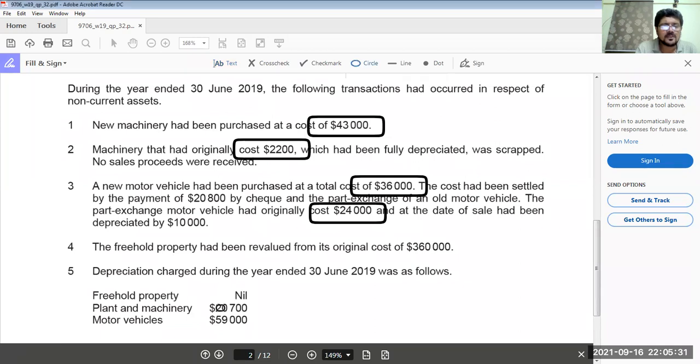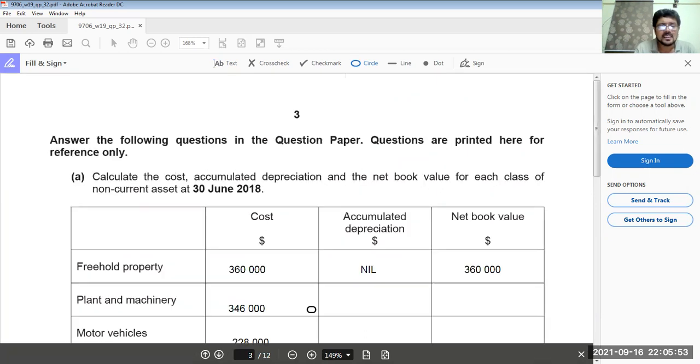Now we have to add back this depreciation of plant and machinery, 20,700. So that makes 200,500 plus 2,200 minus 20,700. The answer is 182,000. So it means 182,000 was the depreciation of plant and machinery 1 year back. So what was the book value then? 346,000 minus 182,000. The book value is 164,000.